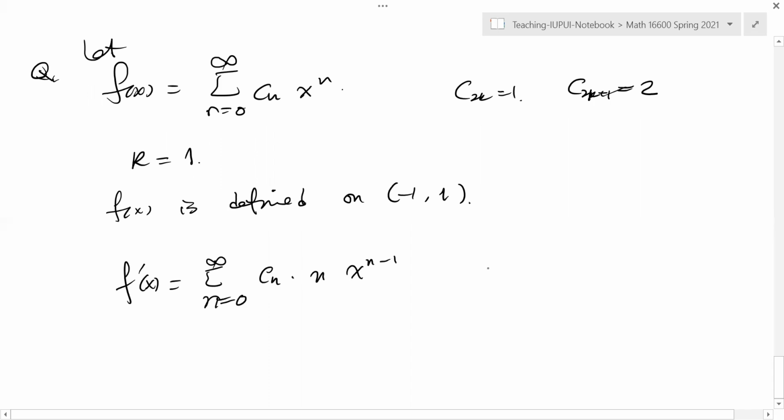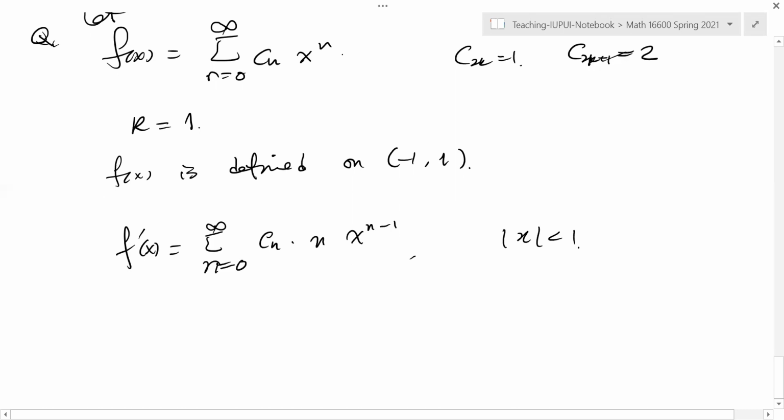So this holds on this interval. The right-hand side series is convergent to the derivative of the function, right?